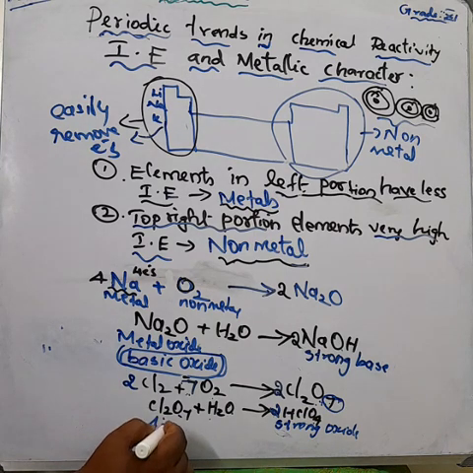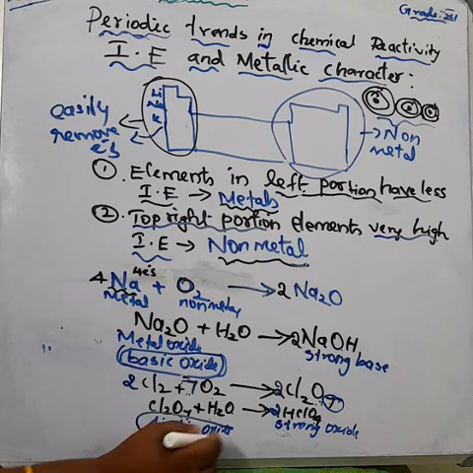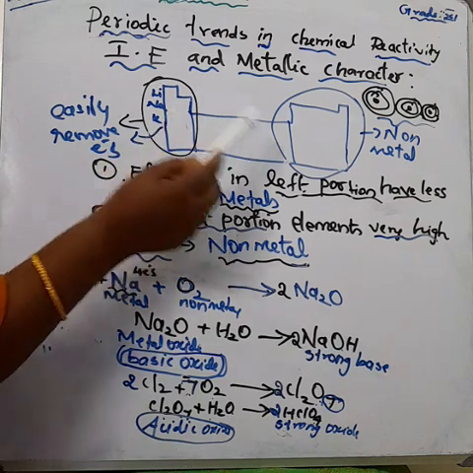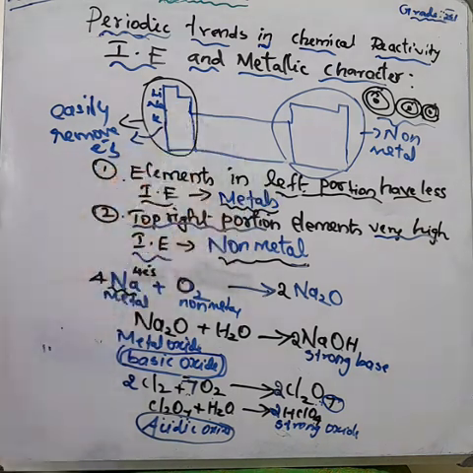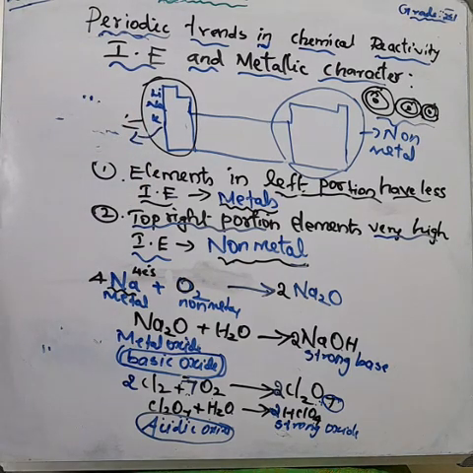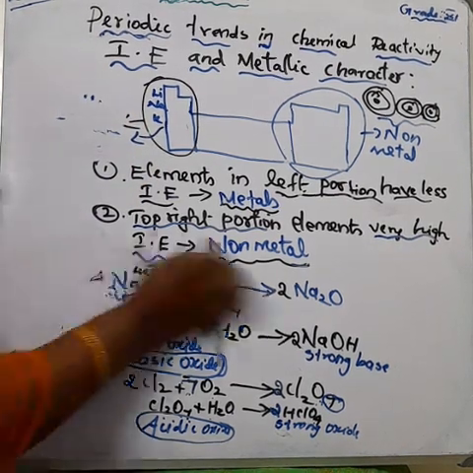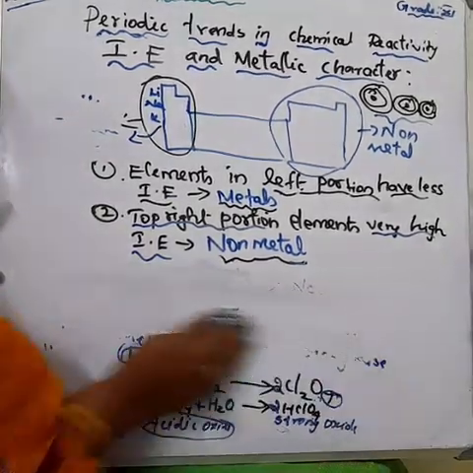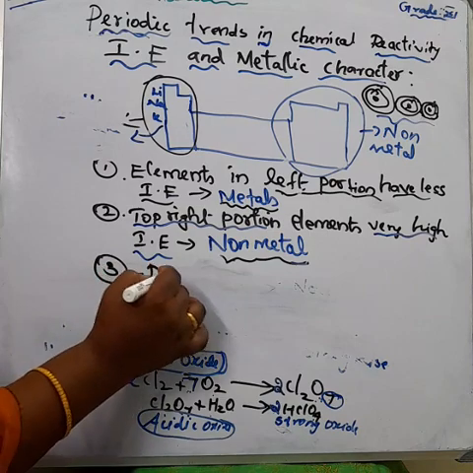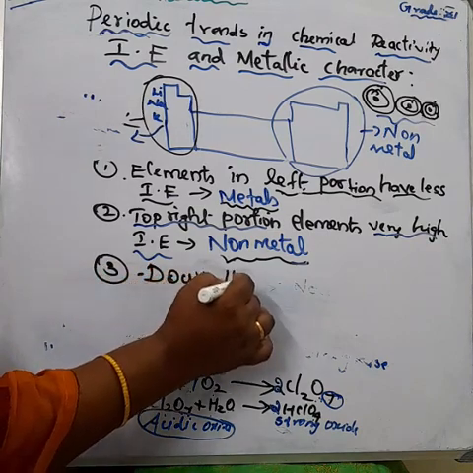Okay. And then as we move down the group, the ionization energy decreases and the electropositive character of the element increases. Why? When we are moving down the group, the atomic number increases.